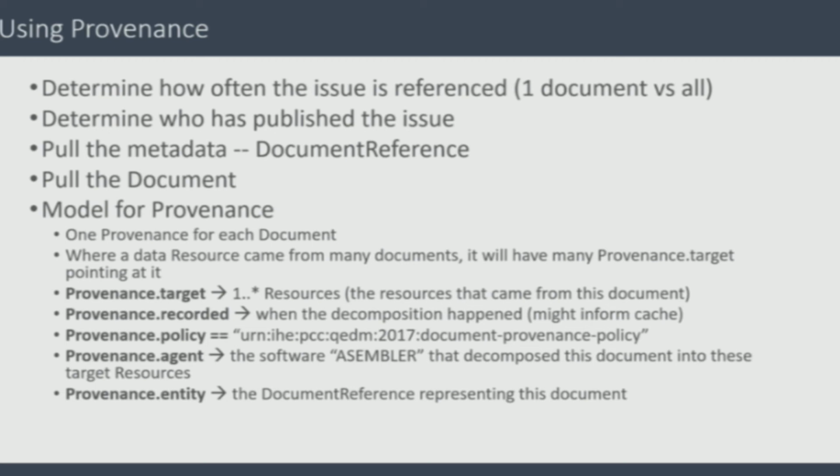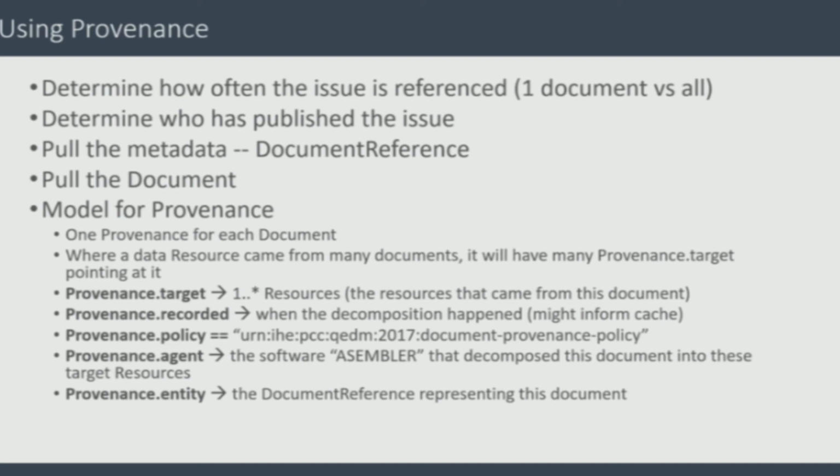The agent, the provenance agent, is that software that did the decomposition. Maybe a human intervened, who knows? You could do that too. And then the entity in the provenance is the document reference from which this came. And then the target is all of the resources that you decomposed out of this document.